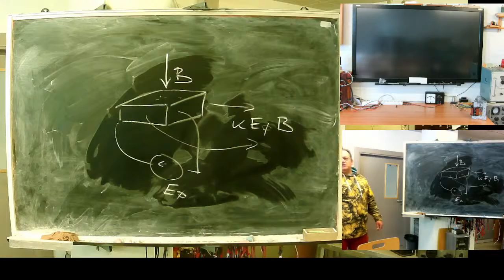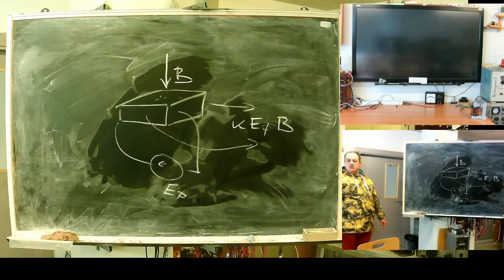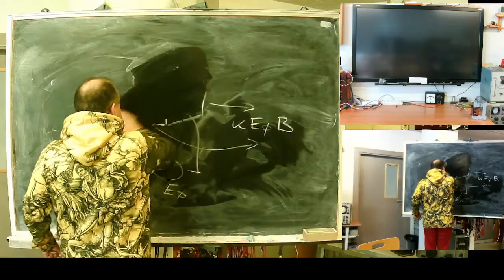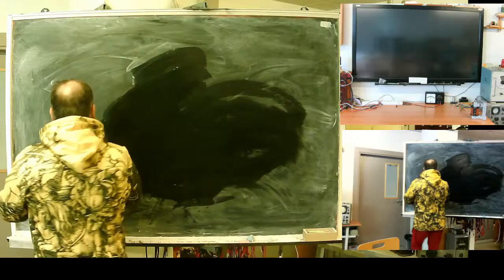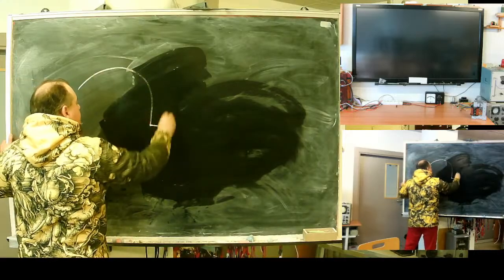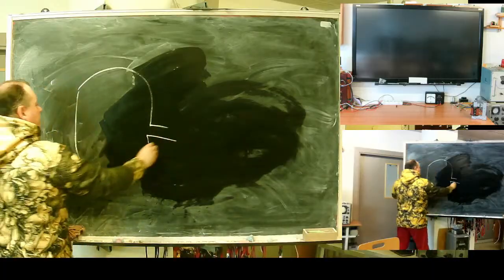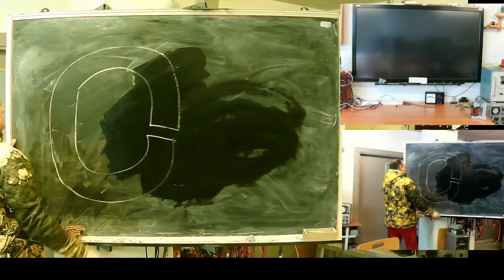Very often Hall sensors are used in the automotive industry to sense the ignition point, but Hall sensors are also used in measurement. Take a magnetic coil like this.